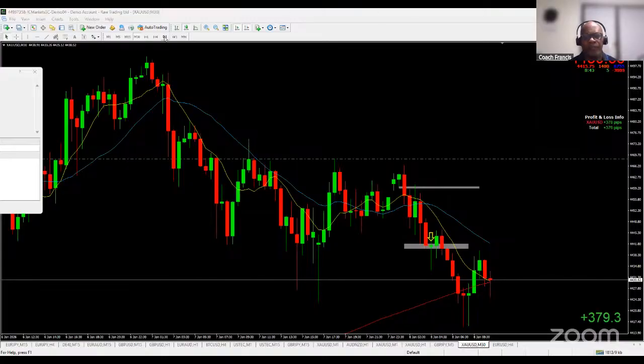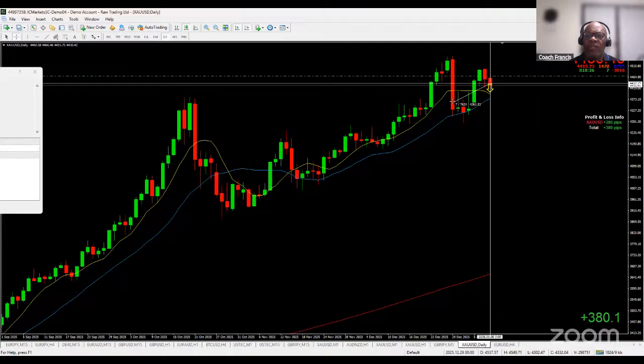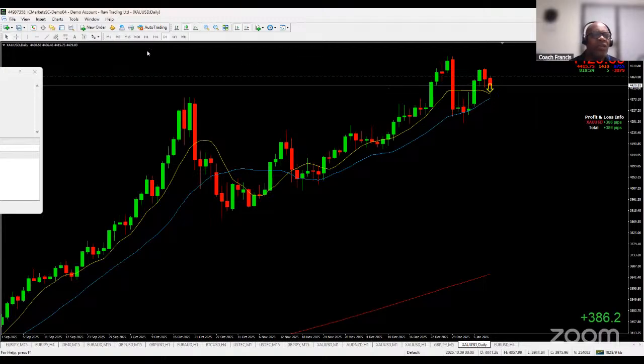Gold obviously has been pushing up as well, as you can see, apart from this massive drop we had some days ago, about 5 or 7 days ago. Okay, so let's see what we're going to do with this.